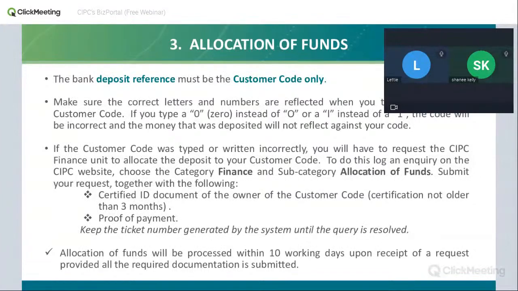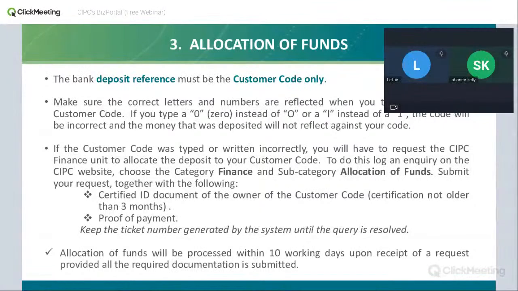If you type a 0 instead of an O, or a small L, or even a capital I instead of a 1, the code will be incorrect and the money that was deposited will not be reflected on your customer code.